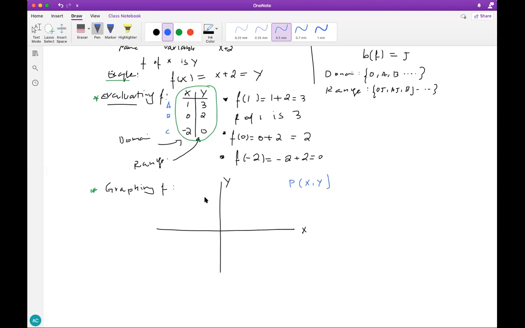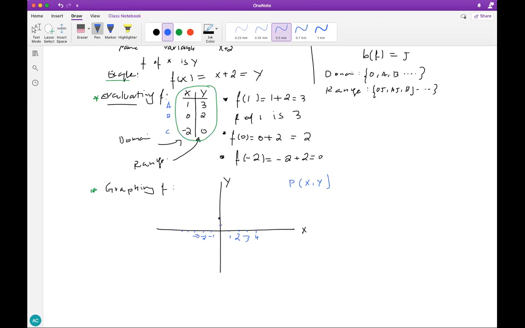Let's put some numbers on this graph. So on this side we have positive numbers, 1, 2, 3, 4, and so on. On this side we have some negative numbers, -1, -2, -3, and so on. Same way with the y-axis.